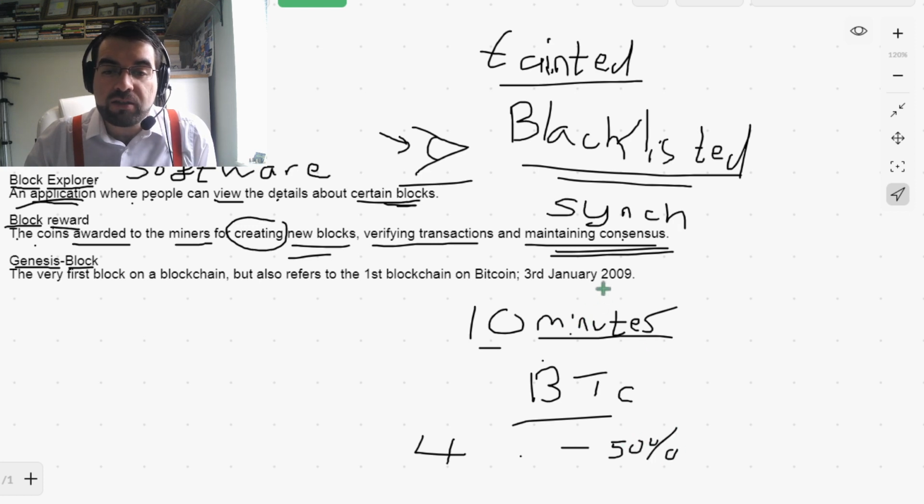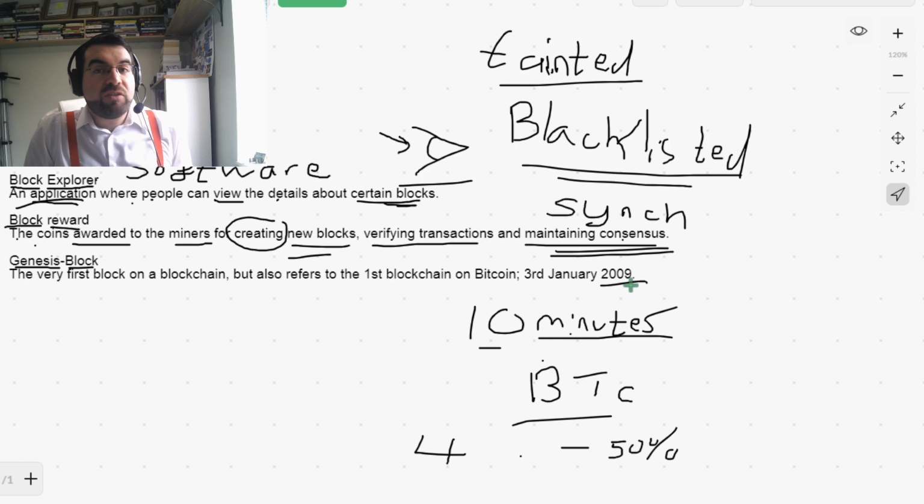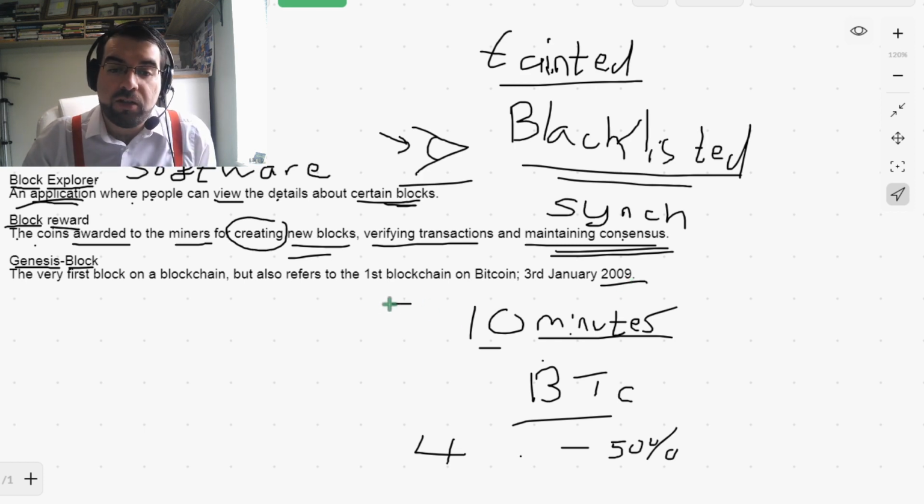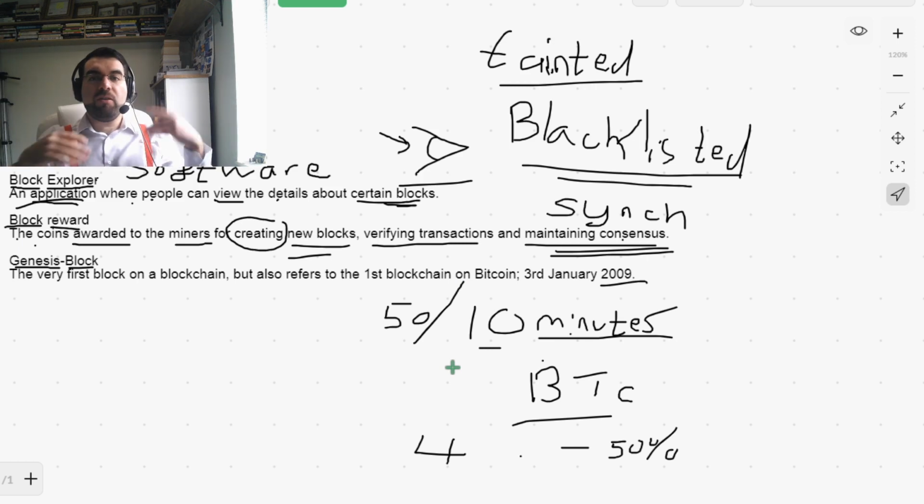So in 2009, for example, it would have been about 50 Bitcoin per 10 minutes. But over the years, so 2013, 17 and beyond, not exactly those dates, because I'm pretty sure there was a halving in 2016, and then again in 2020.